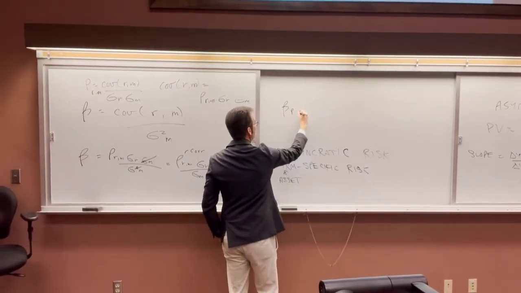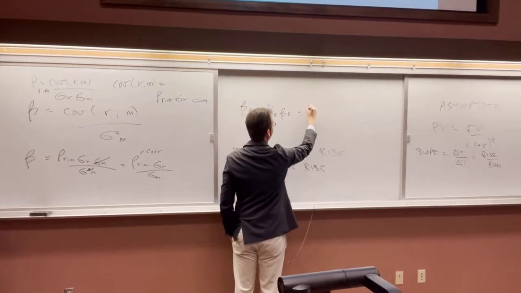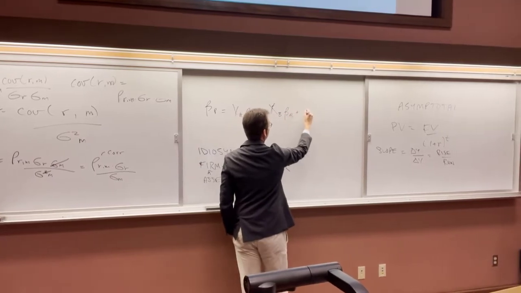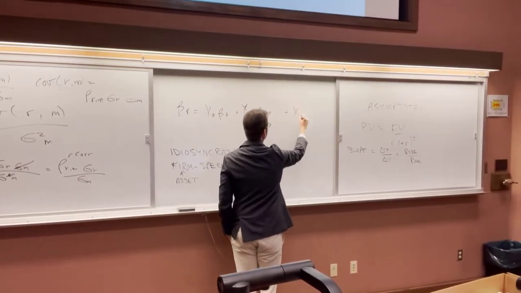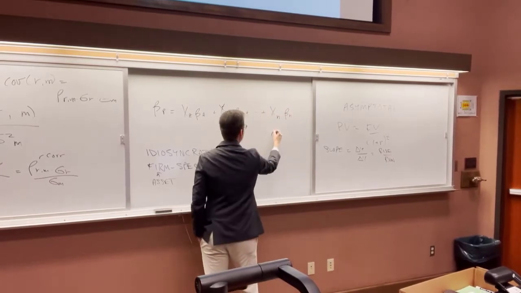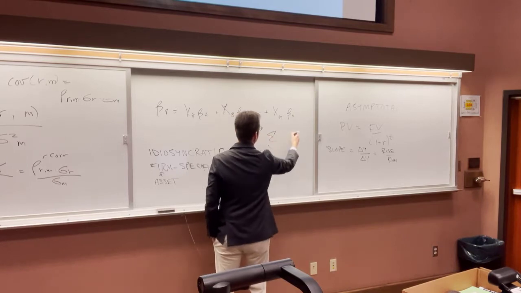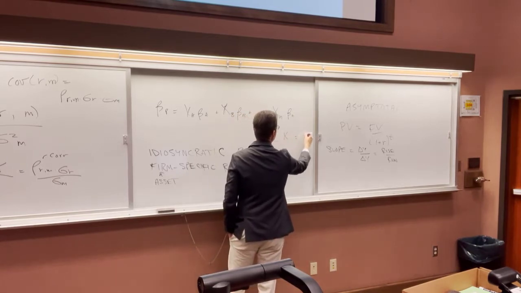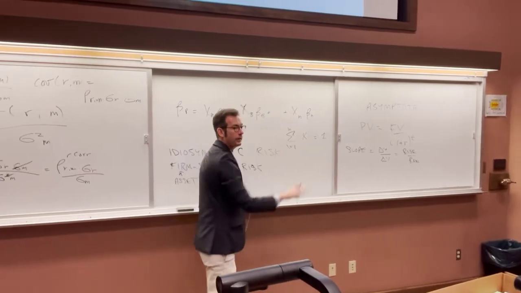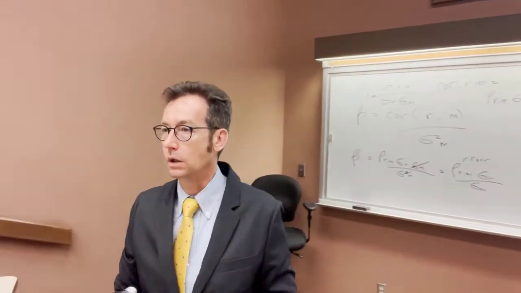Beta of the portfolio is equal to X_A beta_A plus X_B beta_B plus dot dot dot plus X_N beta_N. And the sum of the x's, i equals 1 to n, is going to have to equal 1. The weights always add to 1.